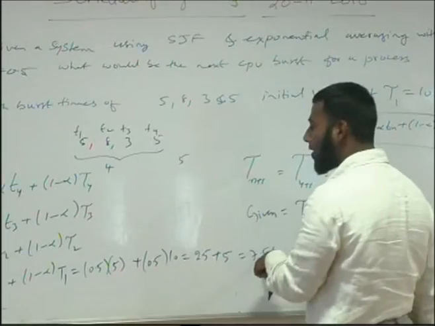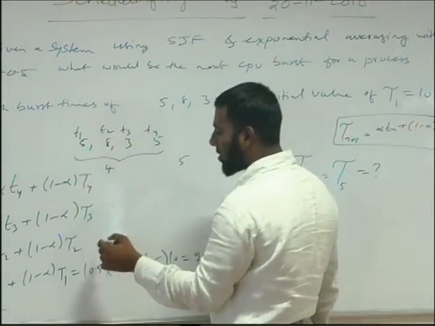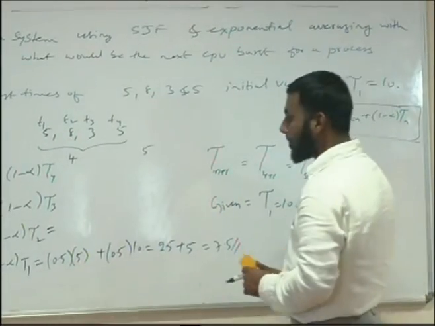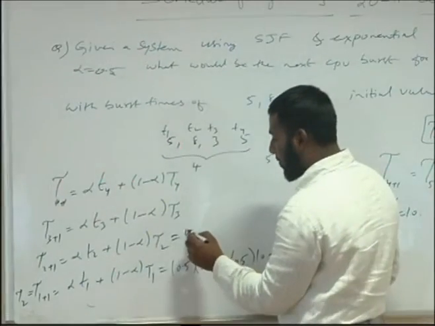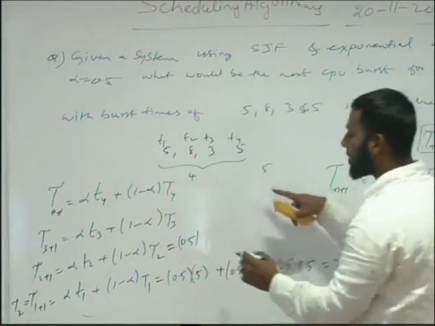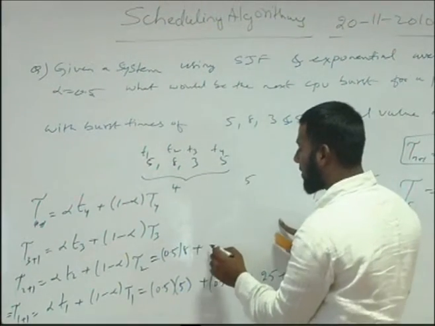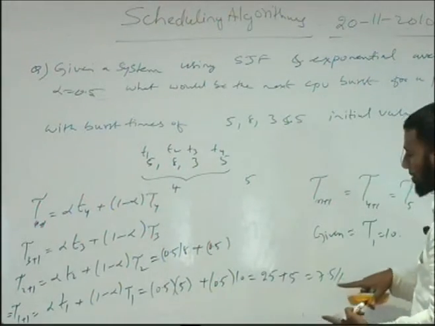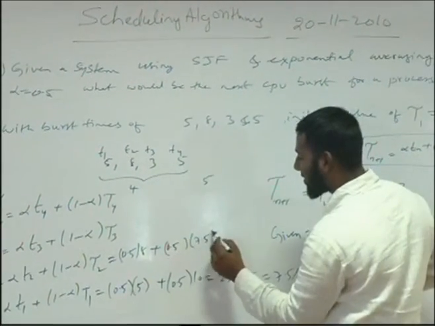Now, this 7.5 I have to substitute here. It's some kind of recurrence relation. 0.5 again, then T of 2 is 8, plus 0.5 into tau of 2, which we know is 7.5.